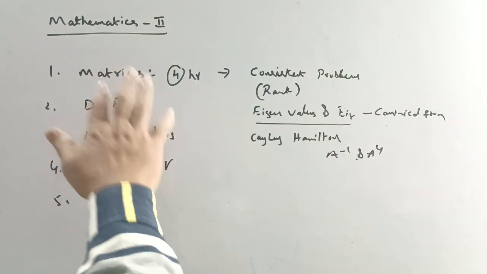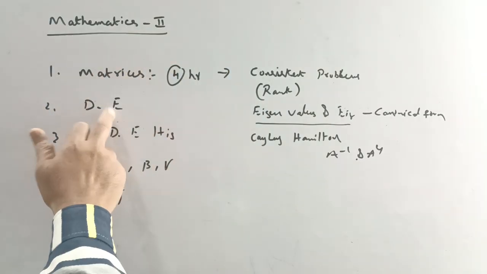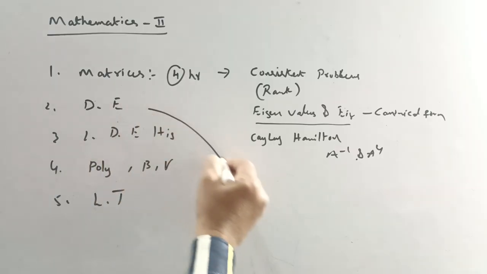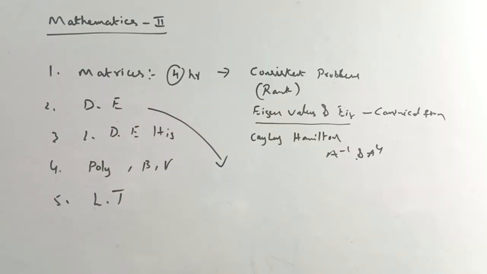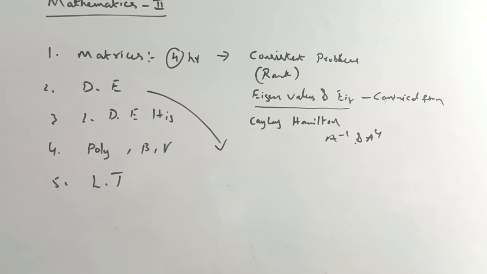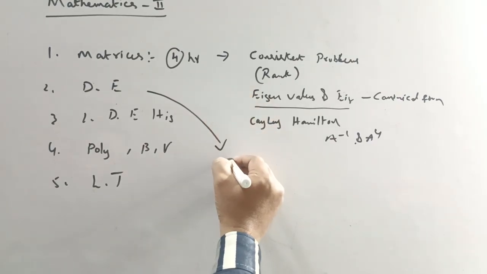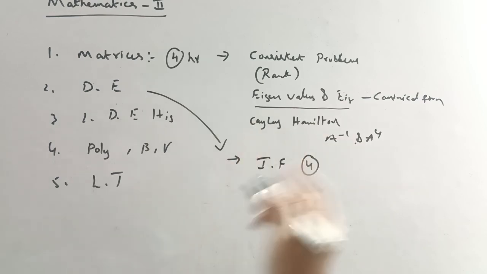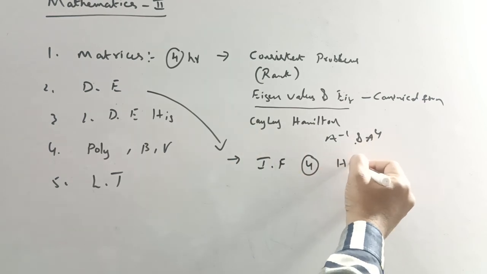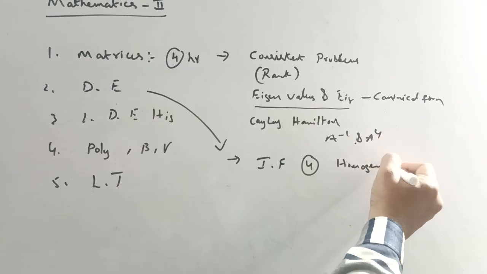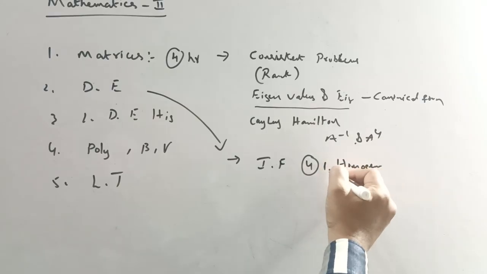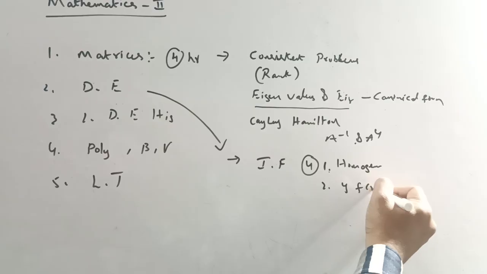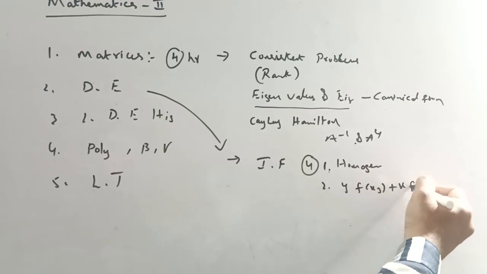Okay, then for the next one, you select another unit. Suppose you want to select differential equations. What topics do we have? We have integrating factor methods, correct? There are 4 methods of integrating factor. One is homogeneous. Then the second one is y into f of xy plus x into f of xy.